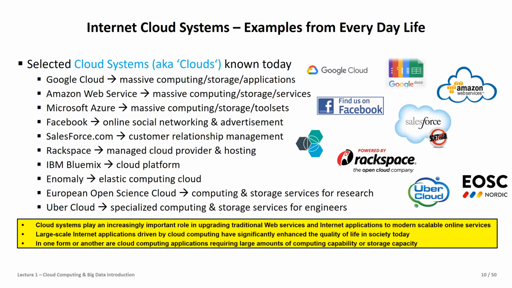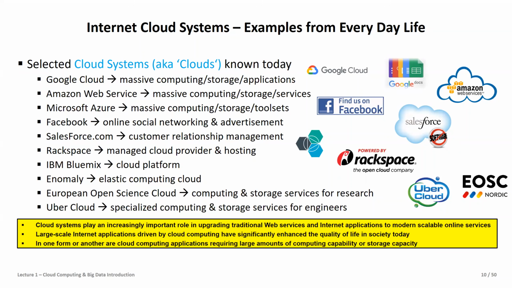I talk later about Microsoft Azure a lot. Facebook, I mean, everybody knows Facebook, a different type of cloud system, of course, an online social networking site. We will talk about this also in the second part. Salesforce, Rackspace, I cannot go to everyone. These are all different service models, different unique selling propositions that by large have now really enhanced the quality of our life today.